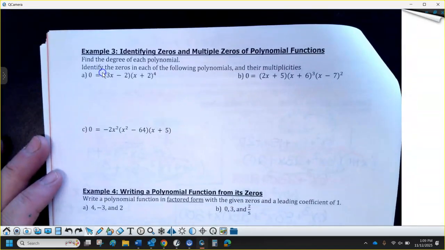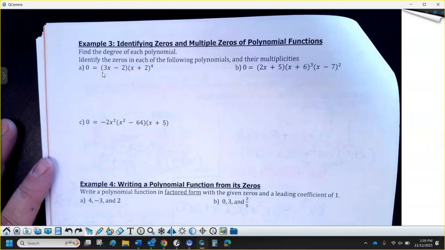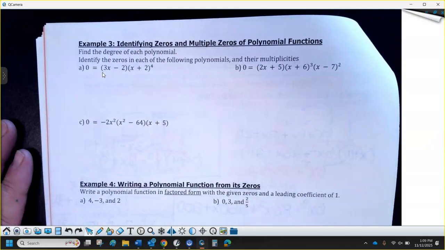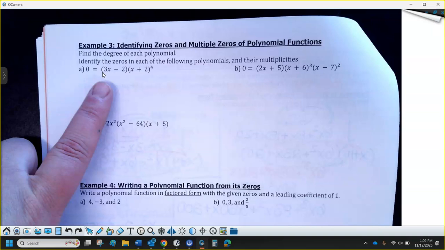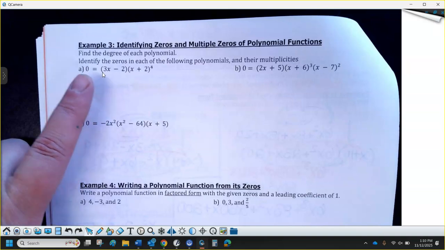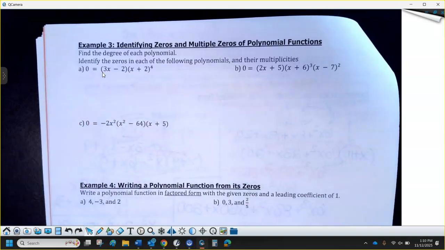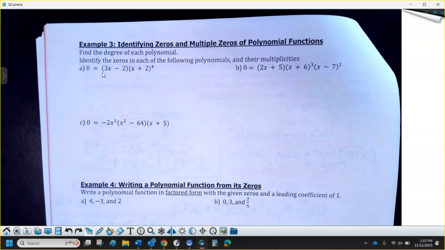Okay. Now, I am not asking you to do this because it would be mean, but these are all equations. Could you tell what the leading term would be if I actually sat there and multiplied that out?